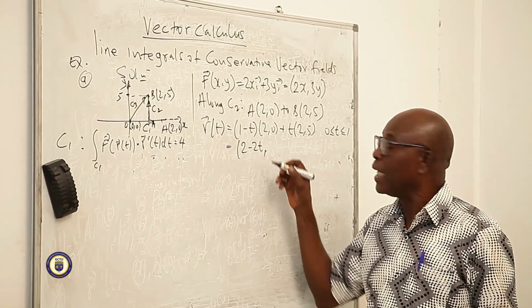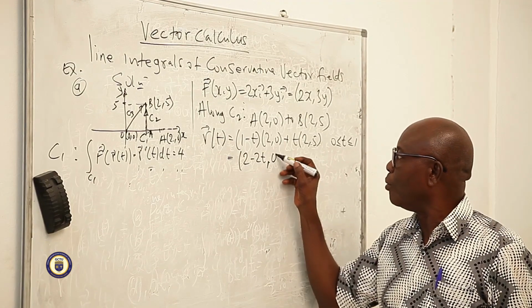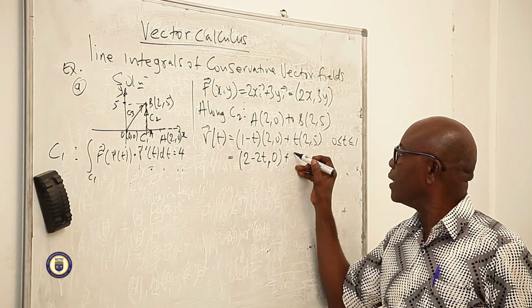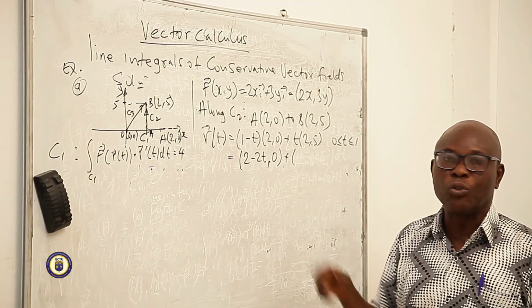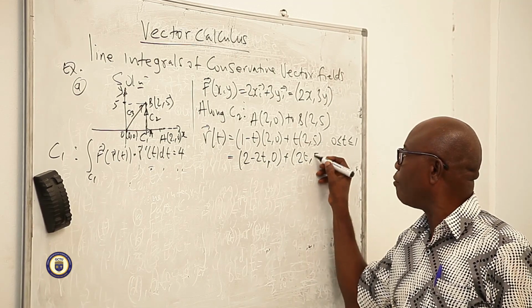And then in the y direction, 1 minus t times 0 will give us 0, plus t times 5 will give us 5t.